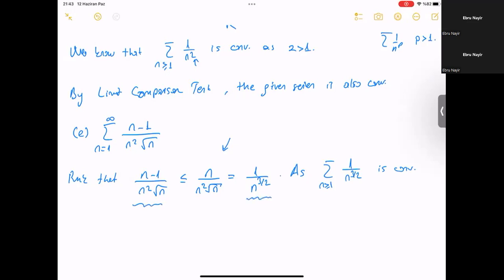By the comparison test, as this is convergent, the given series is convergent. As we found something greater than the given one which is convergent, the smaller one is also convergent.